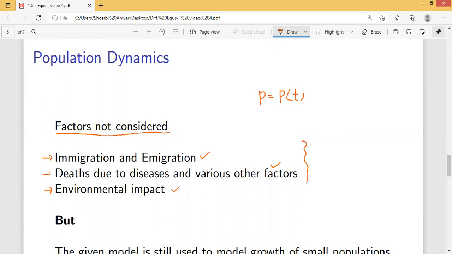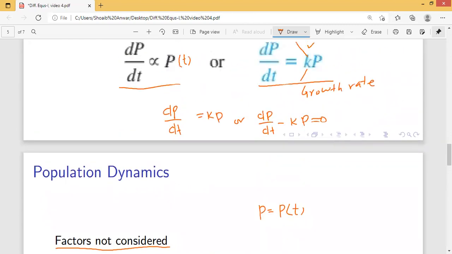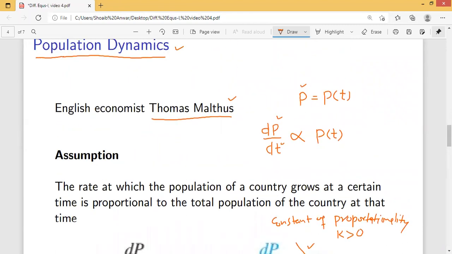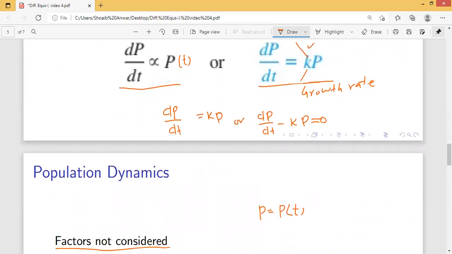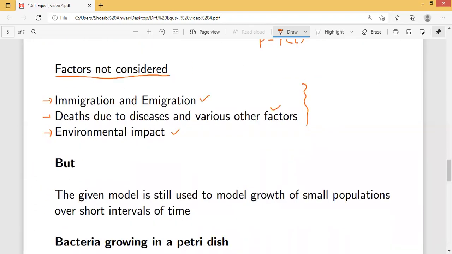These factors were later tackled by other scientists to improve the quality of the population growth model. But this is the most basic model, firstly presented by Thomas Malthus. This model is still used to model the growth of small populations over short intervals of time.